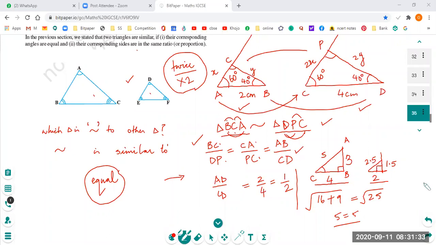This is very, very interesting, students. Okay. See students, interesting thing, one law will never contradict another law. Contradict means putting a stone in someone's path. If the law of similarity is proven, the Pythagoras law is also proven here. Such an interesting thing.